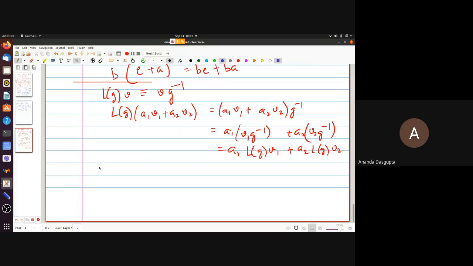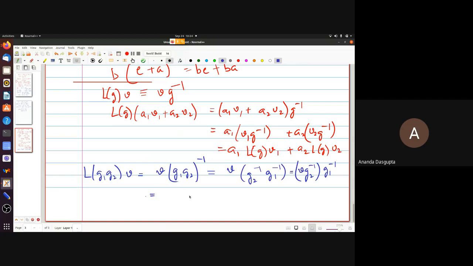And the answer, of course, one way of answering that is, let's look at what L of G1 G2 is. After all, we want this to be a homomorphism, right? By definition, this has to be V times G1 G2 inverse. And that's V G2 inverse G1 inverse. So now you can use associativity. Think of this.